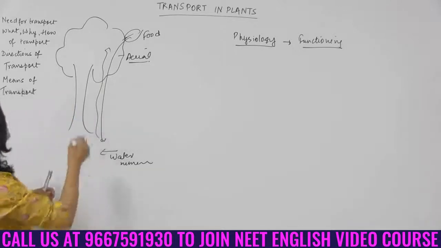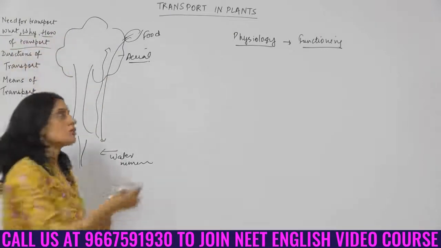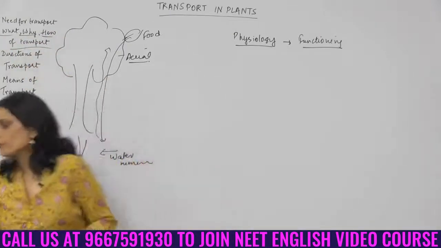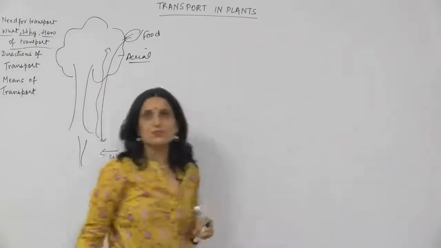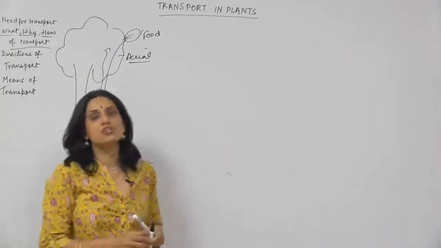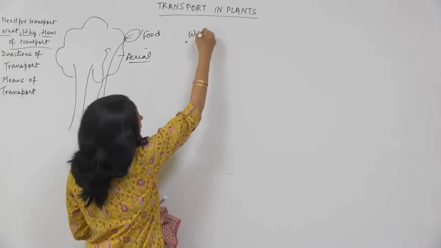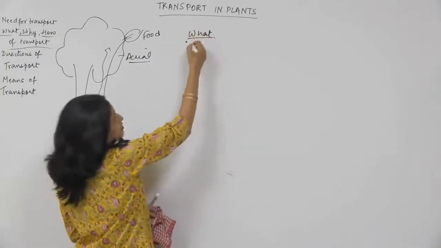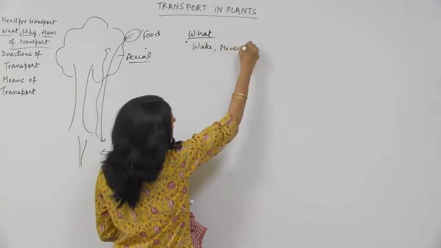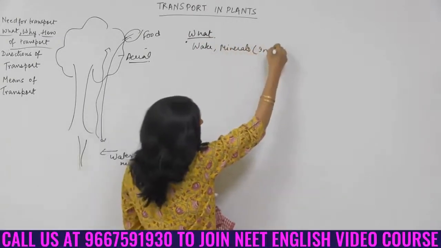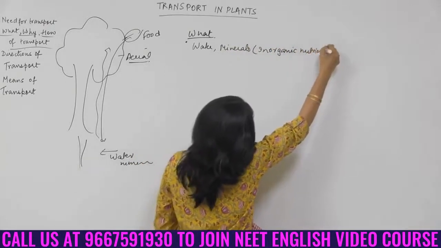Now after this, let us talk about the what, why, and how of transport. When we talk about what, first of all, we'll answer the question, what are the things which a plant may need to transport? Obviously, as we just studied, the plant may need to transport the water and the minerals being absorbed. By minerals, we mean the inorganic nutrients that the plant is absorbing, right?